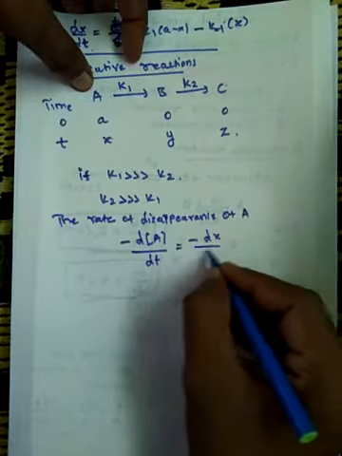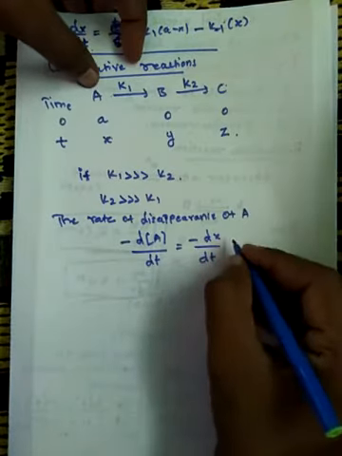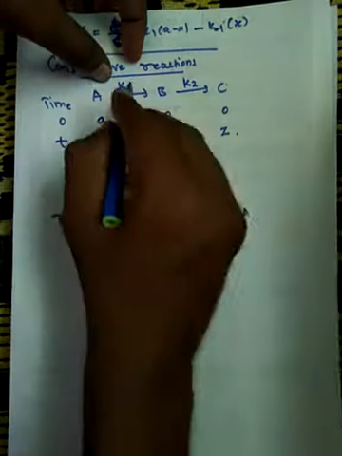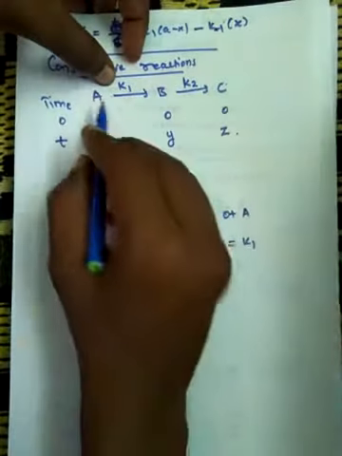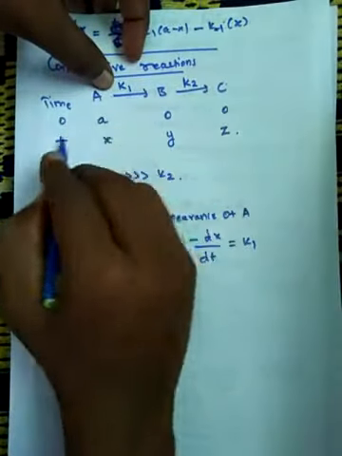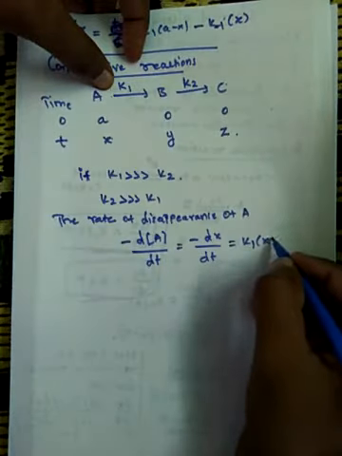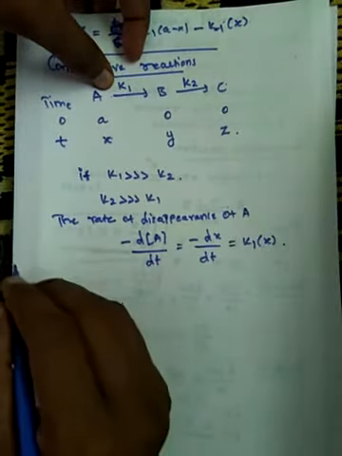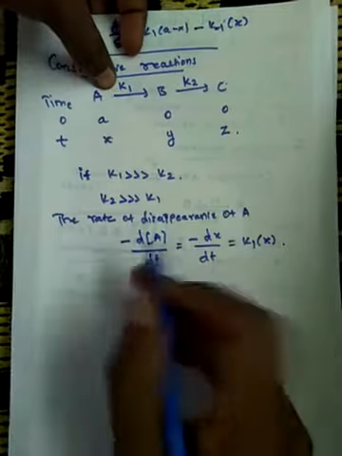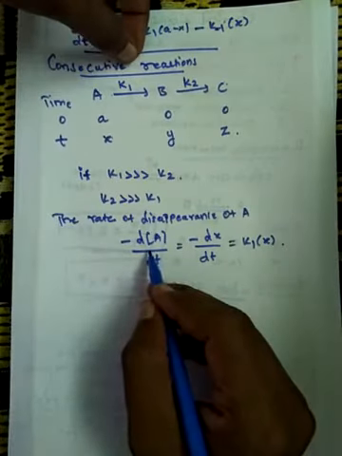So minus dx by dt is equal to the rate constant into the concentration of A, that is K1 x. This is the rate of disappearance of the reactant A.